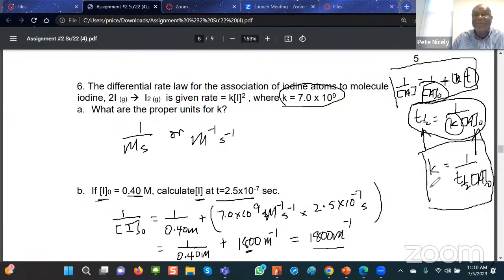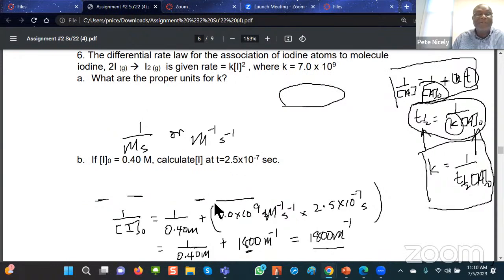So remember now what the question is asking for is the concentration of I. Now, this here is 1 over the concentration of I, not I. So in order to calculate the concentration of I, it would be equal to 1 over 1800 M to the minus 1.